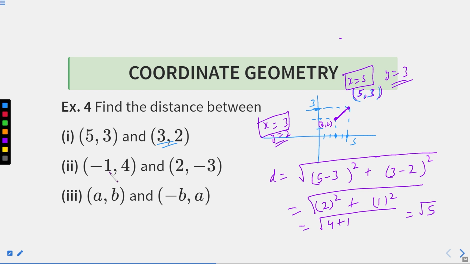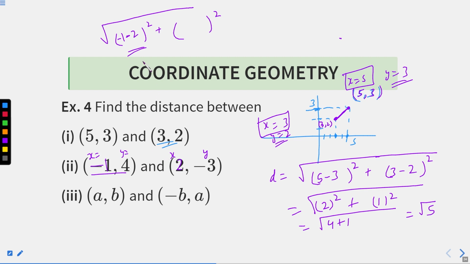Now similarly for this point, what we just have to do: x is here, y is here, x is here, and y is here. So first take a root, square, plus, and then square. Here we subtract the x values, so minus 1 and 2. So we subtract them, minus 1 and minus 2.